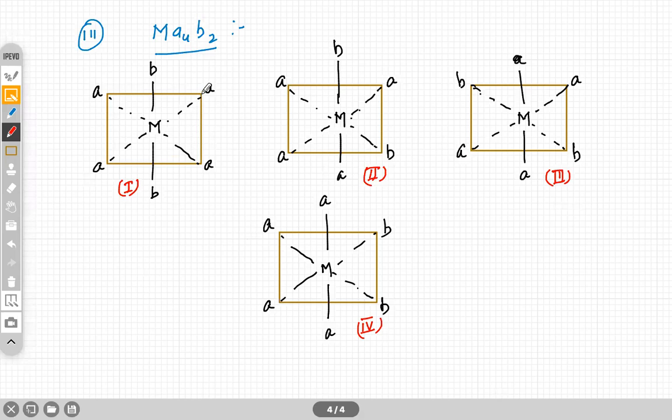So in other structure also, we'll try to draw a square and the corner of the square contains all A ligand. Like suppose this one. In this one, could you think of this particular structure? This is square you see. So when you rotate the molecule like this, it becomes the same as the first molecule. So what we can say, first and third are equivalent structure. Is it clear?